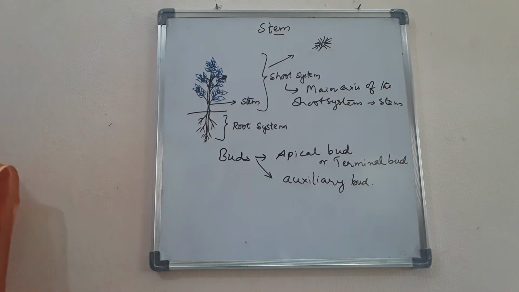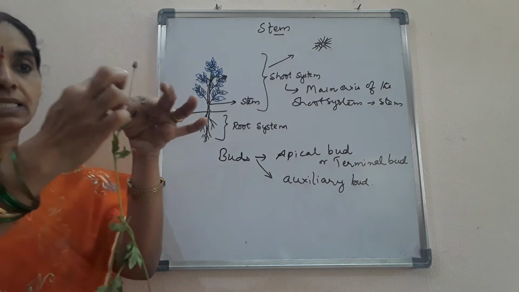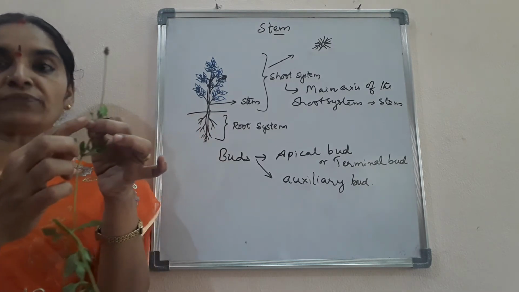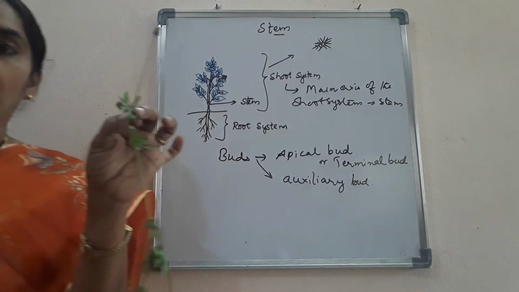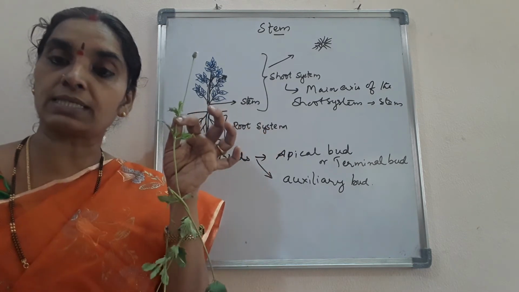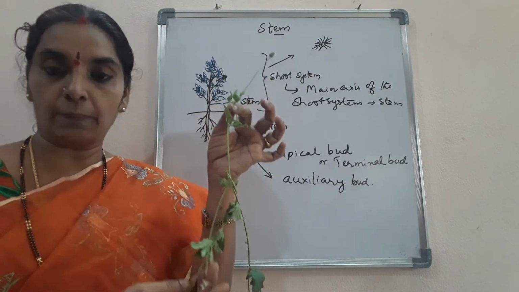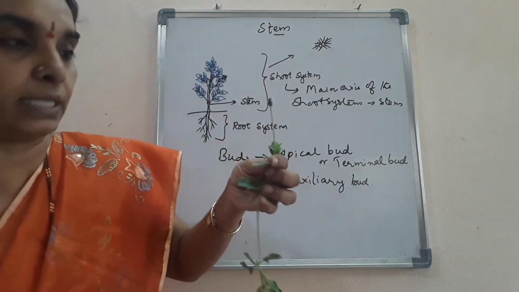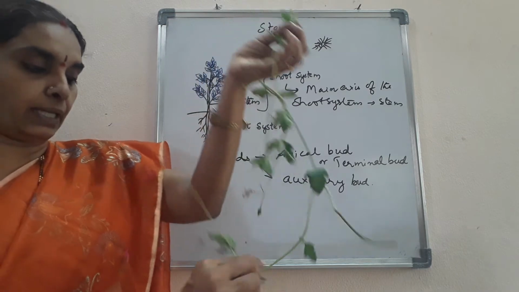See, the bud that arises at the tip of the stem is called an apical bud. Here you can see in this plant, this is an apical bud.